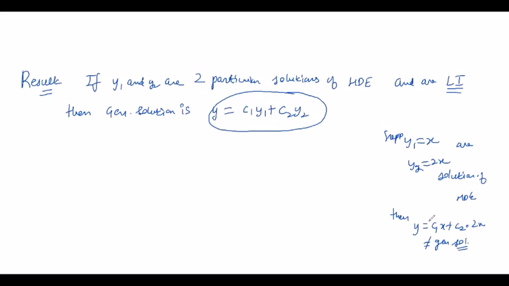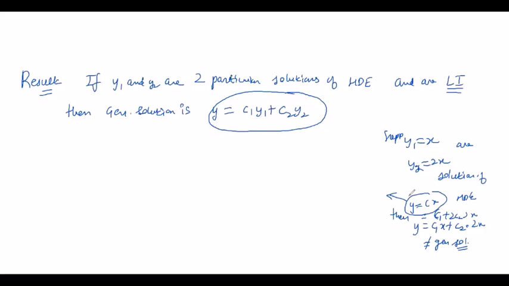You can see from here, x can be taken common, and what I am left with is c1 plus 2c2, which will be just another constant, because c1 is one constant and c2 is another constant. So this combination is another constant. This acts as a solution, but it cannot be the general solution.